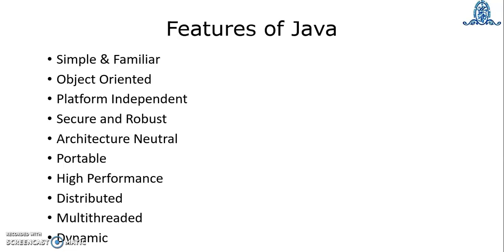High performance. Java is faster than other traditional interpreted programming languages because Java uses bytecode. It is an intermediate code which is created when a Java program is compiled.